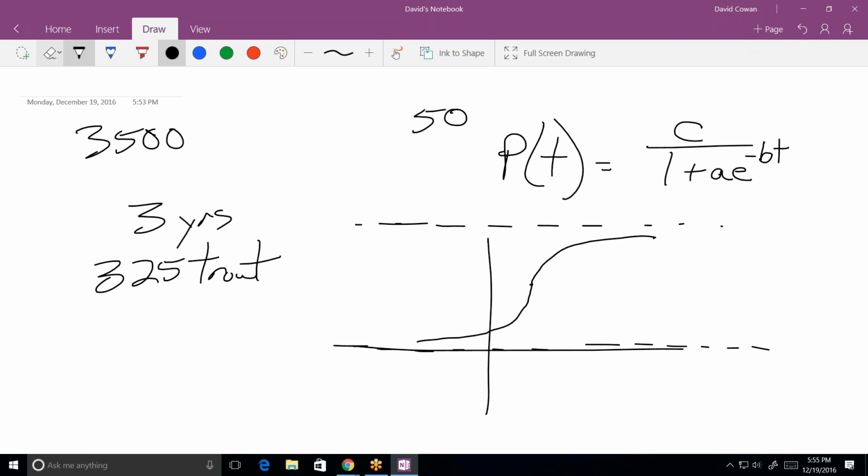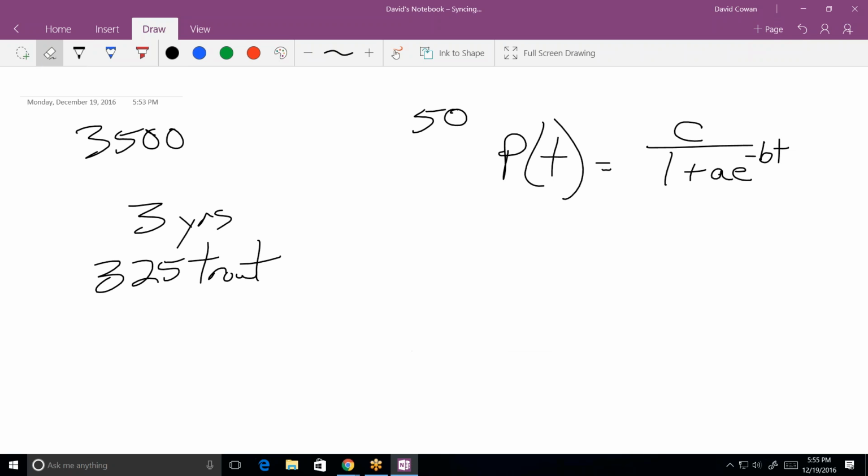Okay, so let me erase my curve here so that I have room to write. So let's see. The C is the initial, and the initial was 50 trout, right? Oh. I thought the initial was the limit.